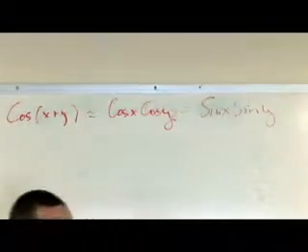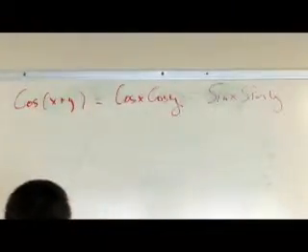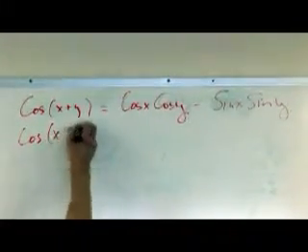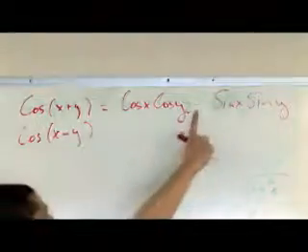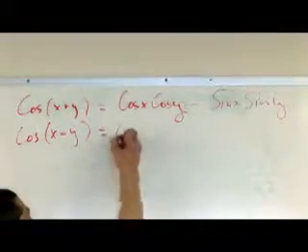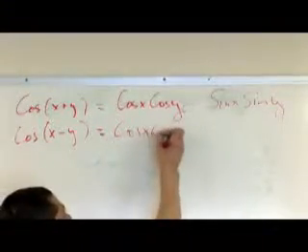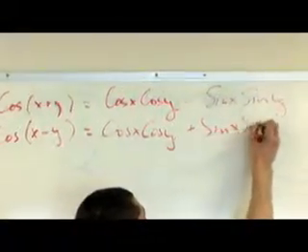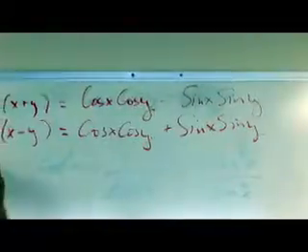And here's the thing to remember about it. When you add inside here, you get the subtraction here. It's just one of those things, you'll get used to it. Cosine x minus y is the same, except we change the minus to a plus. This is cosine x cosine y plus sine x sine y.